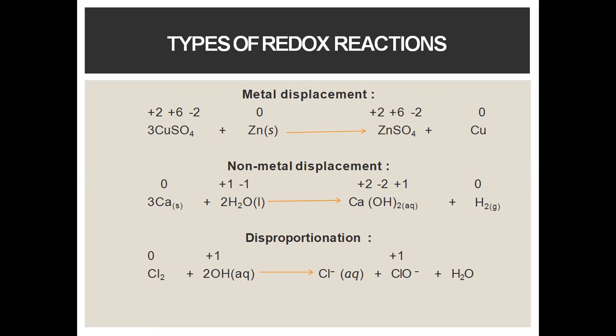Ca with 0 oxidation state, H2O with plus 1 and minus 2 oxidation states, and when the displacement reaction takes place, calcium hydroxide, Ca(OH)2, forms with oxidation numbers plus 2, minus 2 and plus 1, and H2 attains 0 oxidation state. So these are known as the displacement reactions, metal and non-metal displacement reactions.